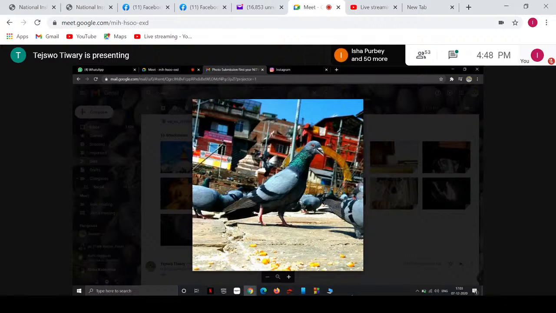So I felt that maybe you could have included other elements, or at least isolated the bird. When I say isolate, it doesn't mean remove all the other elements. It means compose it in a way which will lead my eyes to the bird first.